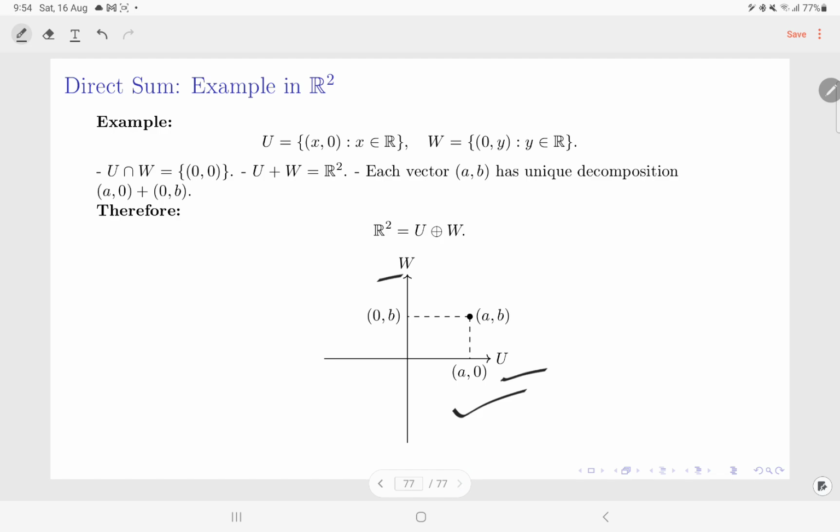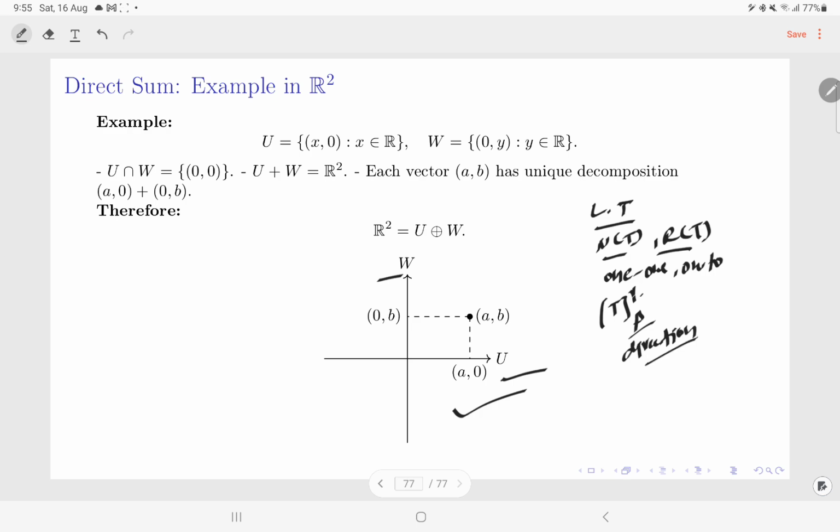So most of the problems are from linear transformation: null space of T, range of T, their dimensions, the rank-nullity theorem, then how to find the transformation matrix for a given basis, whether standard or non-standard, and finally this direct sum.